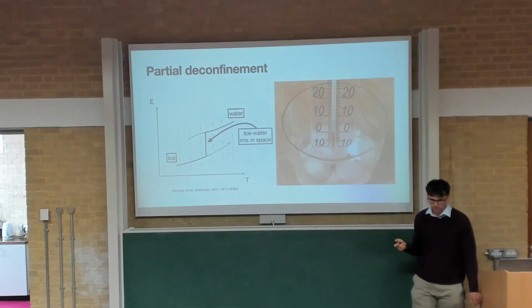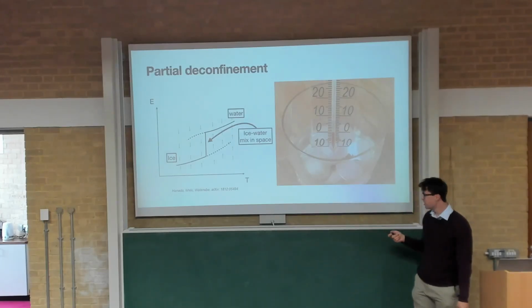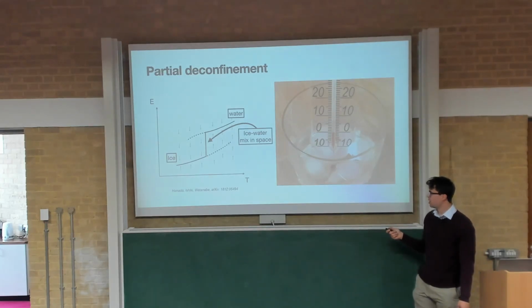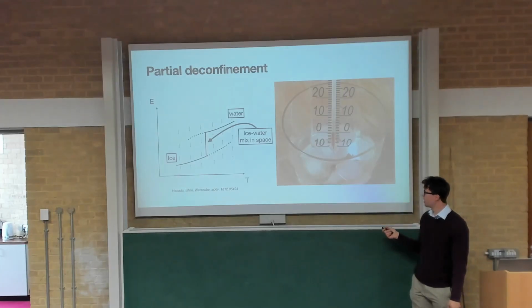To explain more about what the partially deconfined phase is, you can start with something more familiar, which are mixed phases, where the phases are mixed in space, such as you see with ice and water. At 0 degrees centigrade, you can get a state where some part of space is occupied by ice and some is occupied by water.